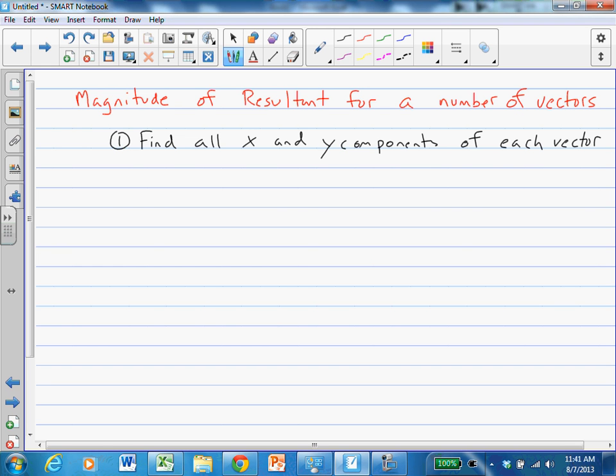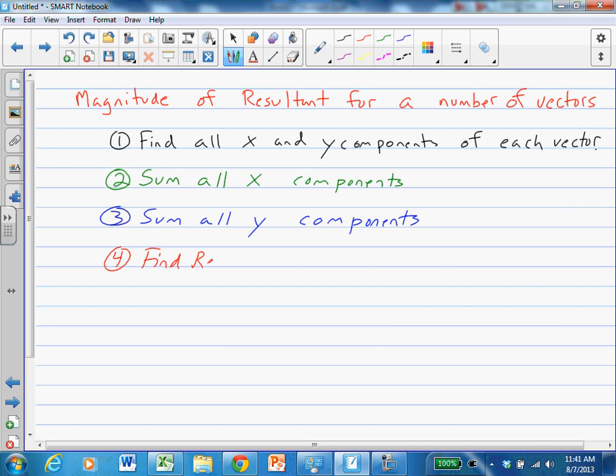Then you sum all x components. Then you sum all y components. Then you find the resultant from Pythag of the summed components.